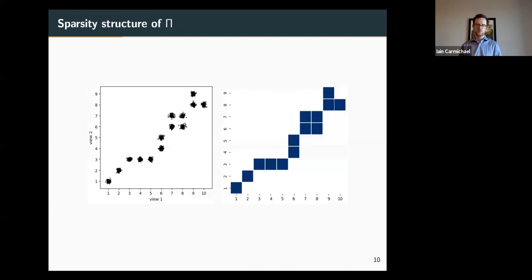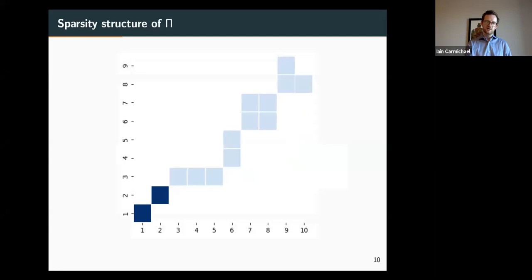So, taking a little bit more of a careful look at this motivating example. On the left, I'm showing, again, that same two-view, two-dimensional data set. And on the right is the corresponding pi. In this case, it's a matrix. This pi matrix has an interesting structure, which gives interpretable information to the analyst. These bottom two right clusters, we might call joint clusters.